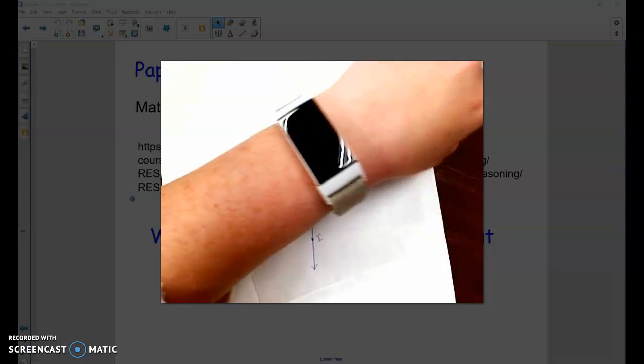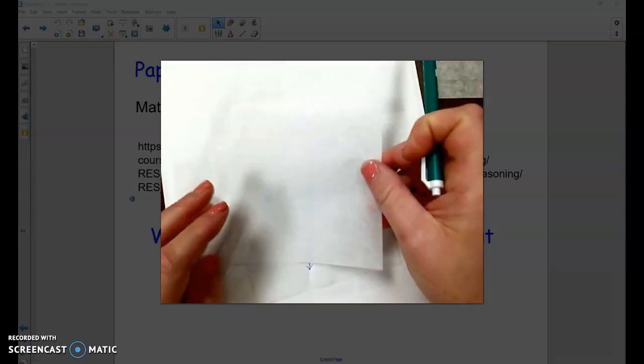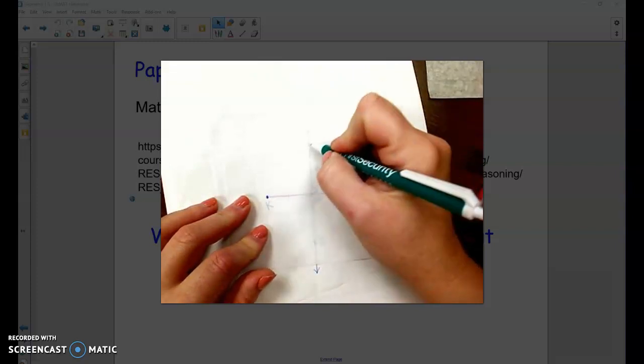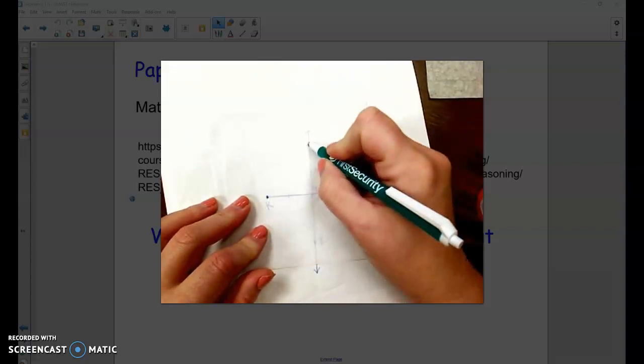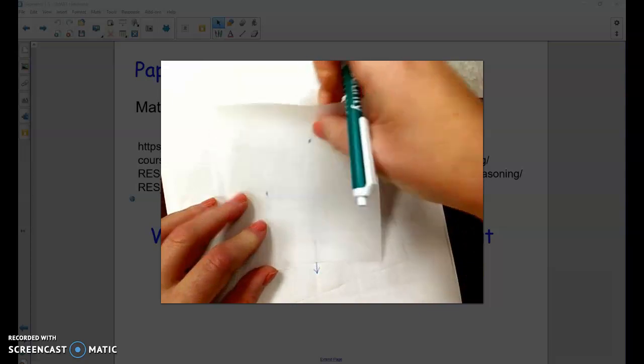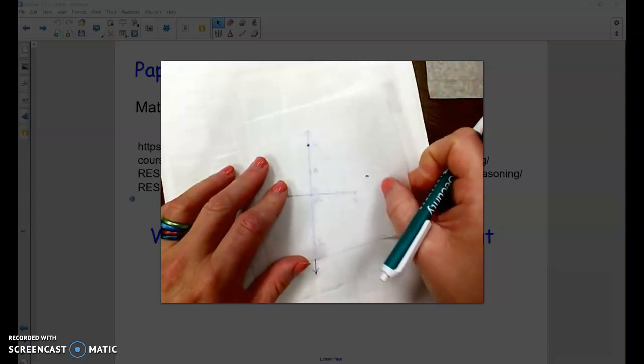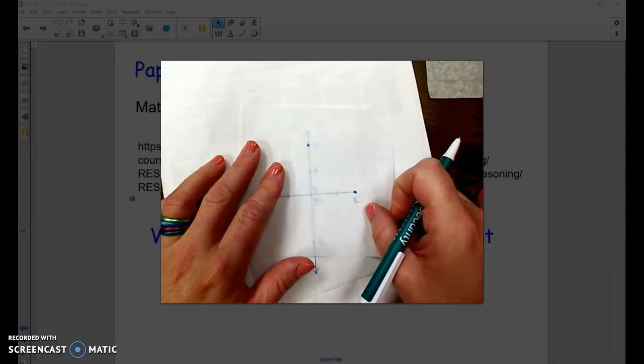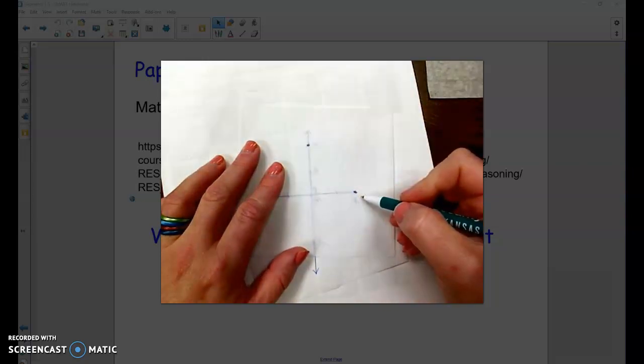You could also use a second sheet of patty paper, and you can just trace those points K and L, and there's that distance between them. And then I can move to L and R and see if those match up, and they do. So that tells me that those distances are the same.